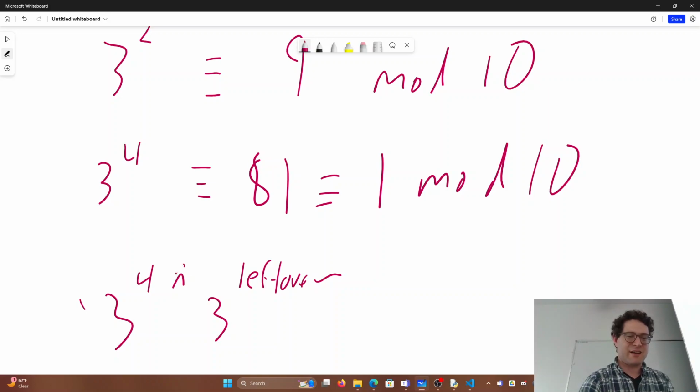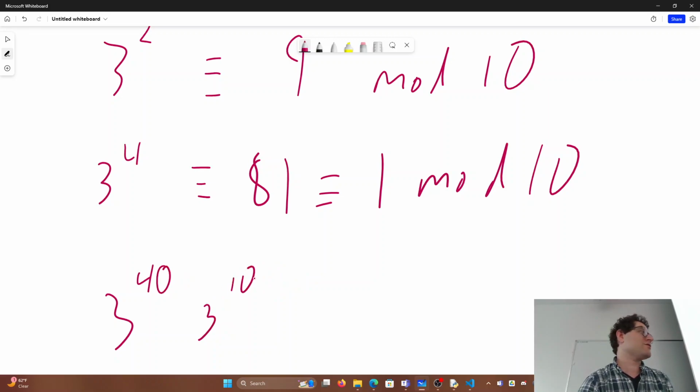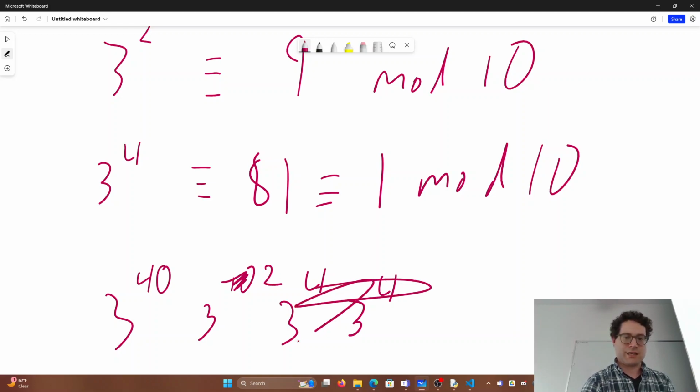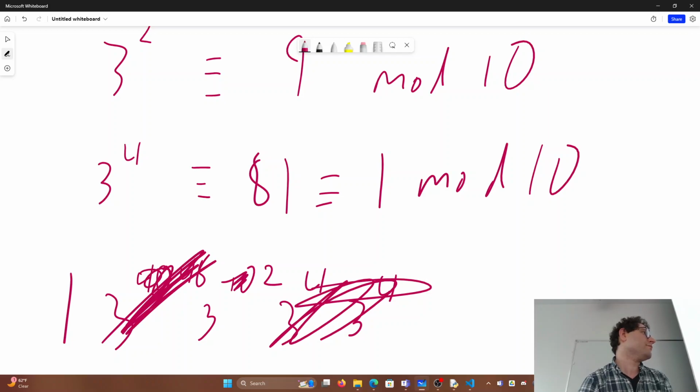If you do some quick math, you can do 3 to the 40 times 3 to the 10th, and then you could subtract 4 from here to get another 3 to the 4 and another 3 to the 4. Then we can make this 3 to the 48th, and 3 to the 48th we just rewrite as 1, because the wonder of modular arithmetic is that we can replace anything with its result once we know the result.